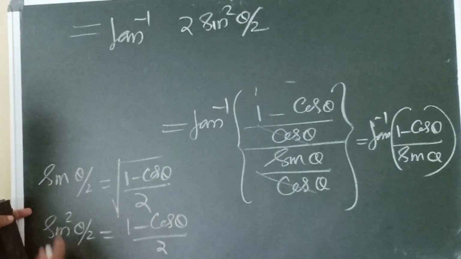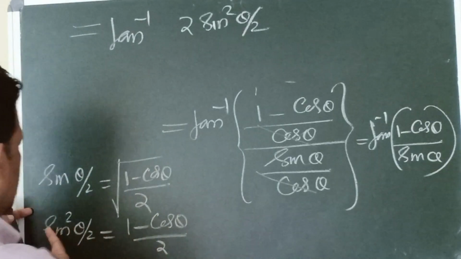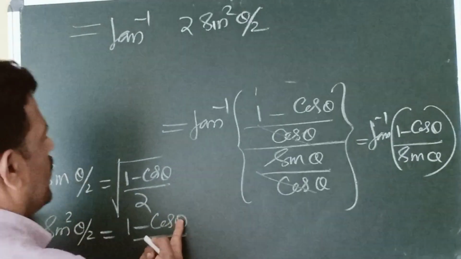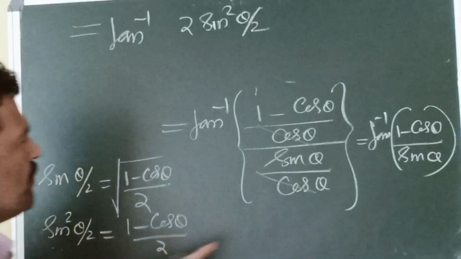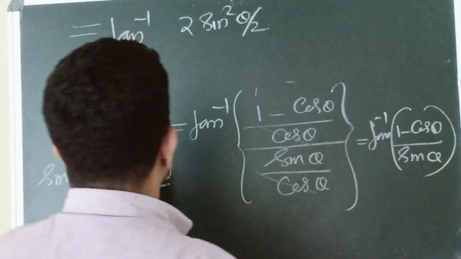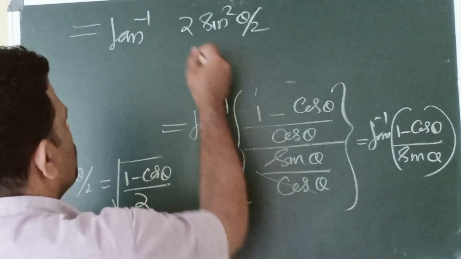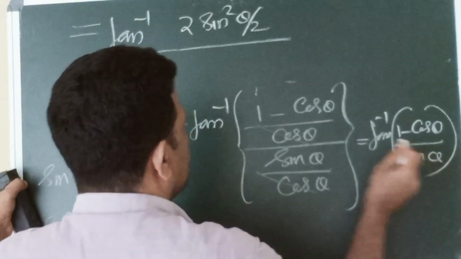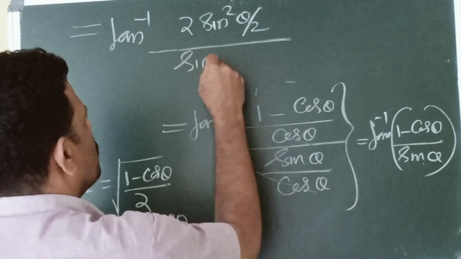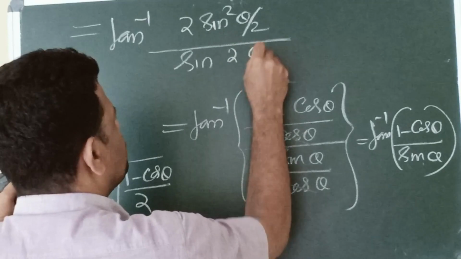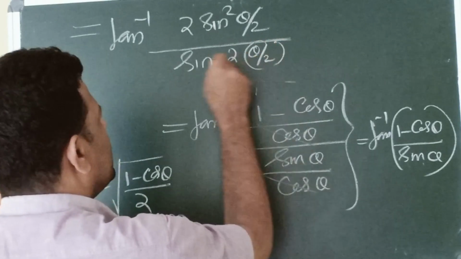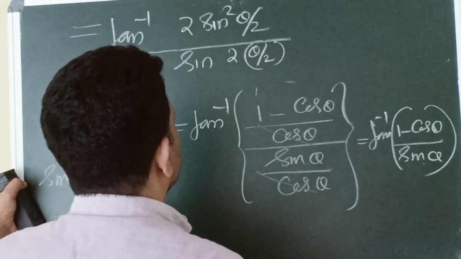Now cross multiplying, we get 2 sin square theta by 2 is equal to 1 minus cos theta. Therefore, instead of 1 minus cos theta, we are writing 2 sin square theta by 2, divided by sin theta. We can write sin theta as sin 2 into theta by 2, and 2 into theta by 2 is equal to theta.